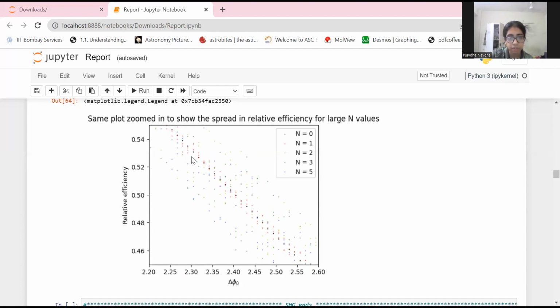But the spread for n equal to 1 is considerably less as compared to higher n values. And again, the green, yellow, and blue dots are extending out to approximately the same length about the center. That just means again that for higher orders, greater than n equal to 2, you do not see a significant impact of delta phi naught on the spread of relative efficiency.